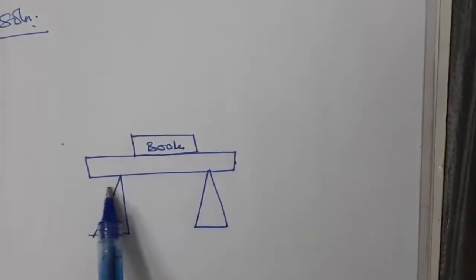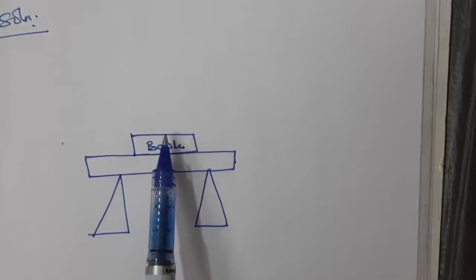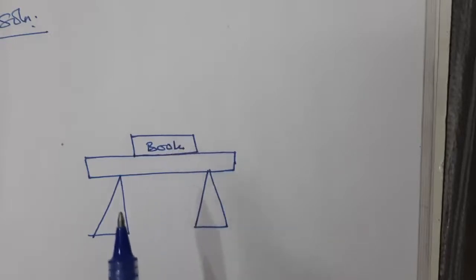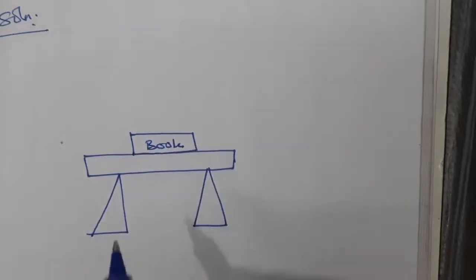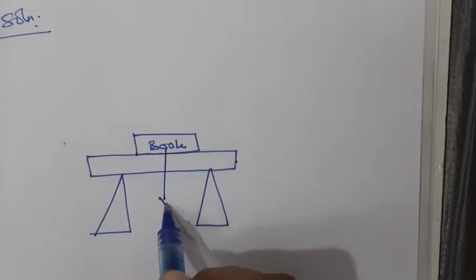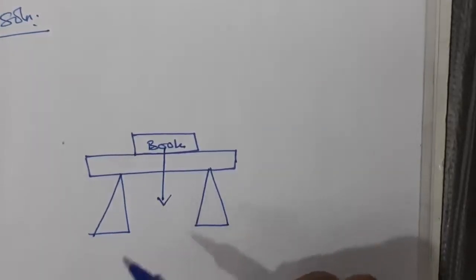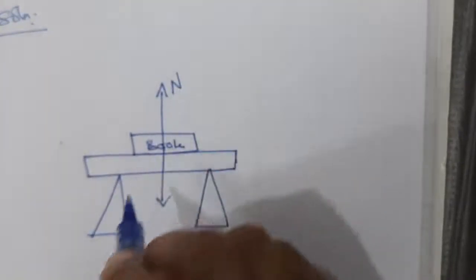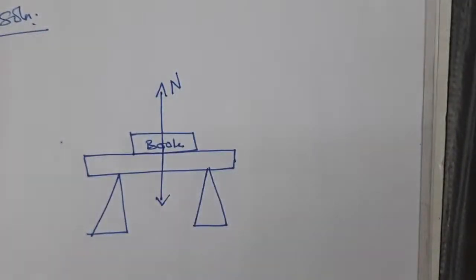This is the table. A book is at rest on the table. First question, what are the forces acting on the book? We know that there are two forces acting on the book. One is gravitational force, another one is normal force.